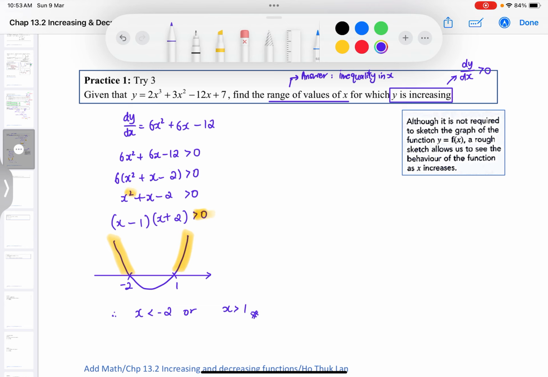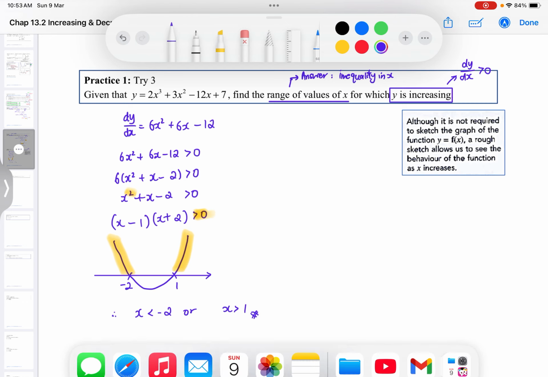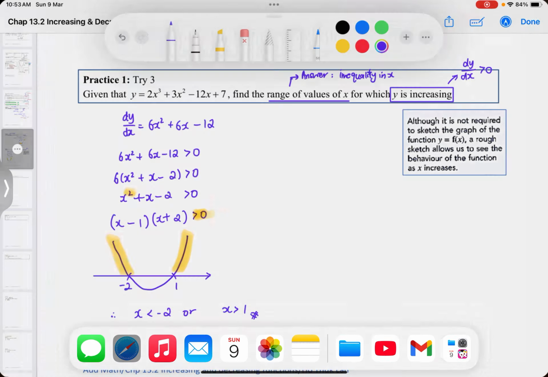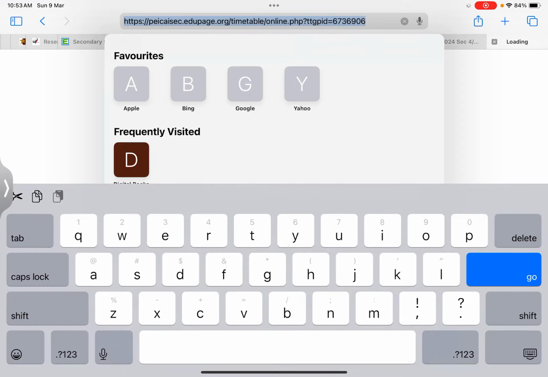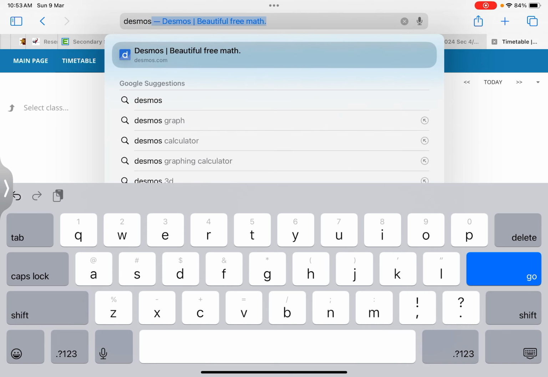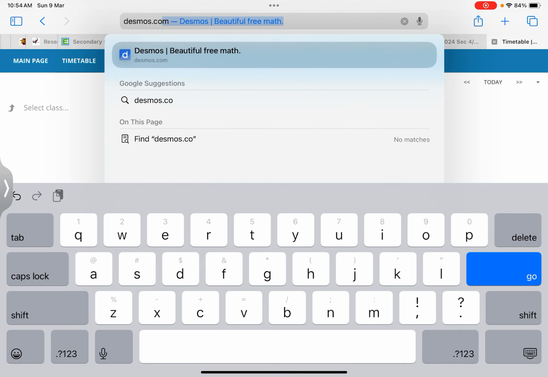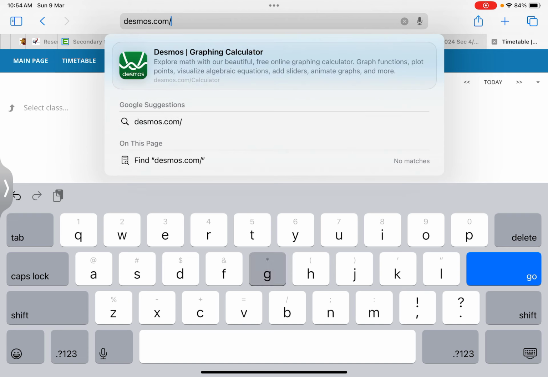You can also go into decimals.com to sketch out this graph, and then we can see that between these two ranges of values of x, the graph is actually increasing. Maybe I can show all of you that. Let's go into decimals.com, graphing.